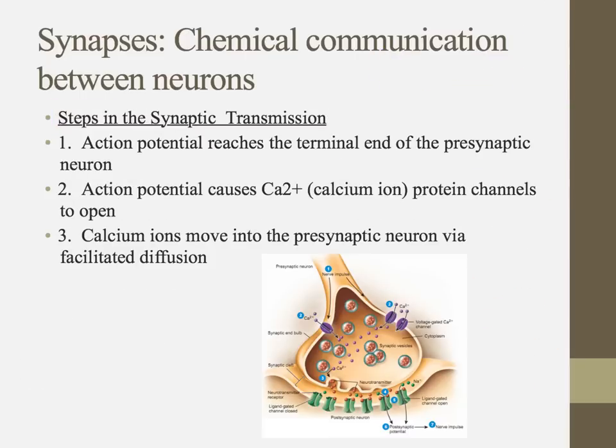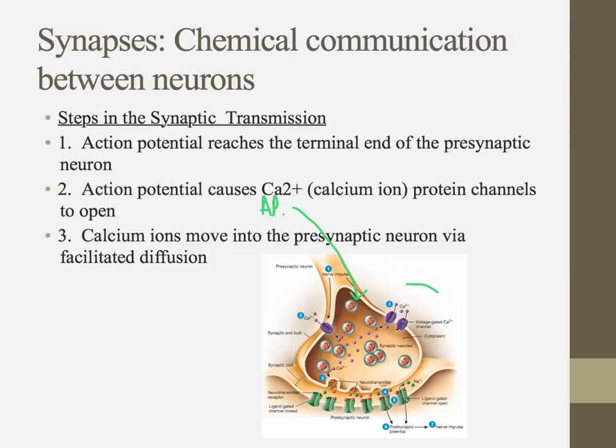So this is going to happen in a series of somewhat complicated steps. First things first, the action potential reaches the terminal end of the presynaptic neuron. So that's that sodium moving in and out, the potassium moving in and out, etc. That action potential, so that positive nature inside the axon, is going to cause calcium protein channels to open.